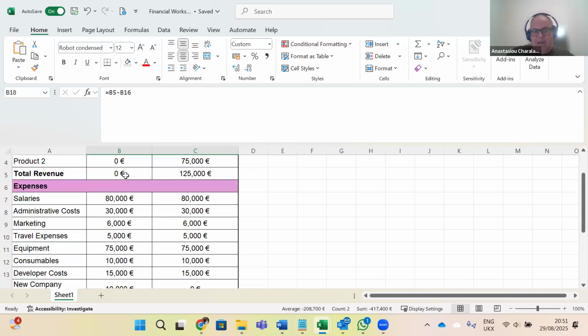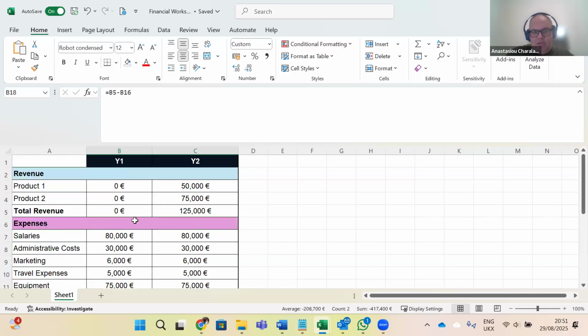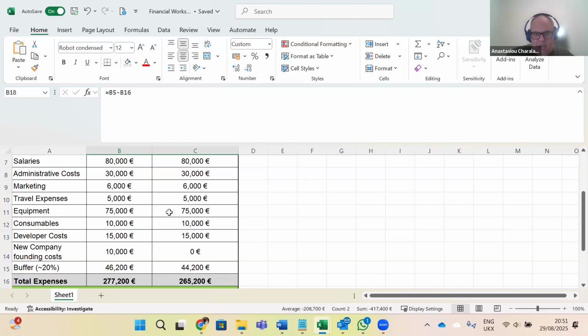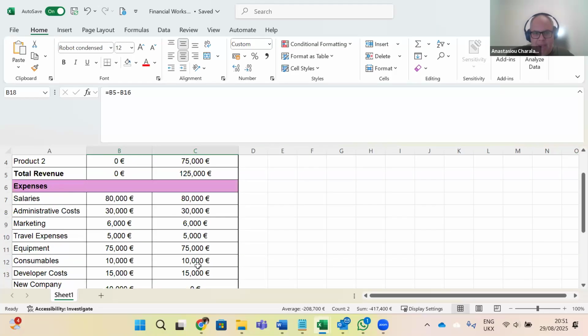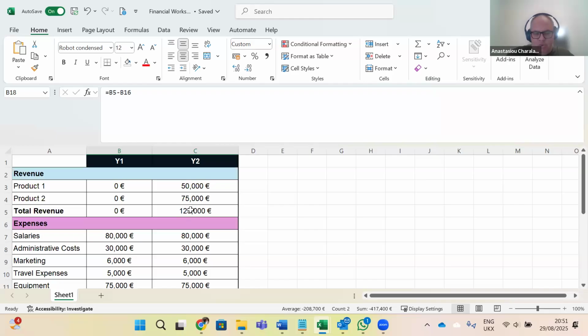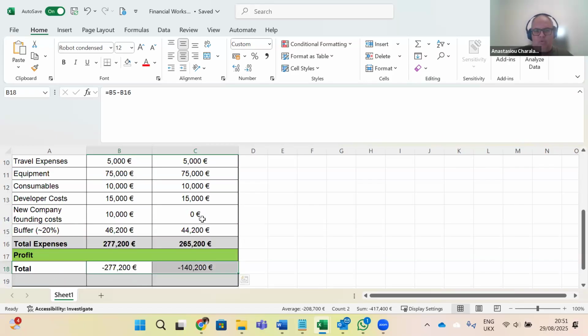You will show them something like this, where you say, look, first year I'm in development. I need to be paying all these things. Year two, I would still be paying all these things, but my revenue is not going to be enough. So just to run the business and get to profitability, I need an investment of 400K. This is how you do it.